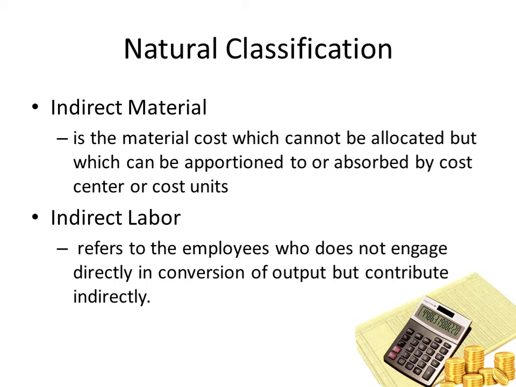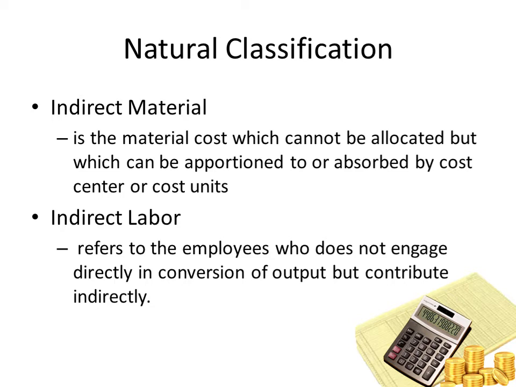Example, if you need nails or glue, it is so small in amount that you cannot even identify it to the product. Or for example, you are into a chair or furniture business, and you buy glue to be used for that product, you cannot directly identify what amount of glue each particular product has used.